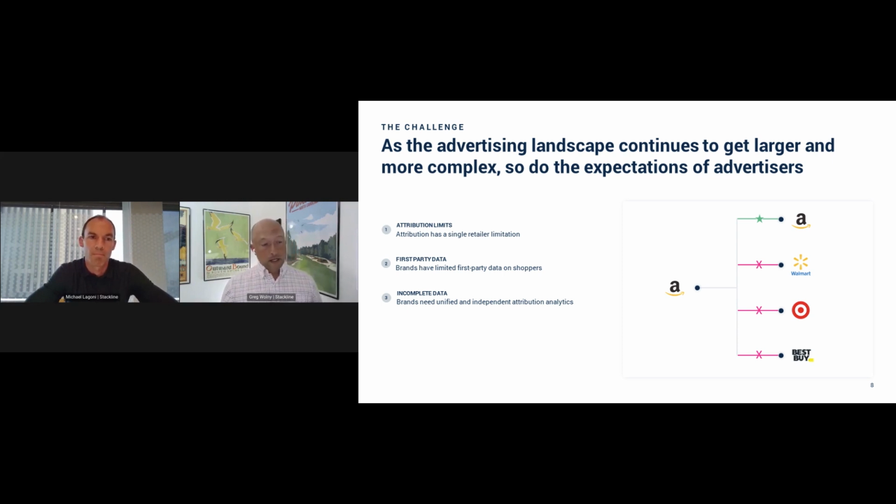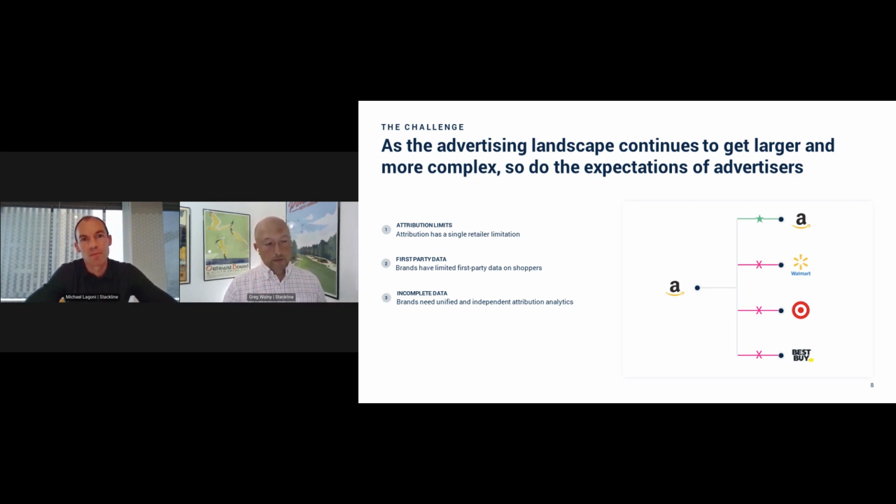There was recently a survey of large CPG brands that showed they had collected less than 1% of first-party data across their consumer set. And a lot of that came from their D2C channels. So with most of the transactions occurring on these retailers, without having visibility into that, they really struggle to effectively understand the consumer journey and really where their dollars are going.